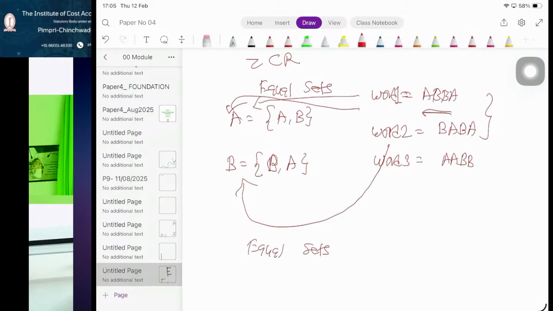For this word 3, I will create a new set where again I will write down the elements A and B. The set A is equal to set B is equal to set C, because in A, B and C, elements are same. So the sets are equal.